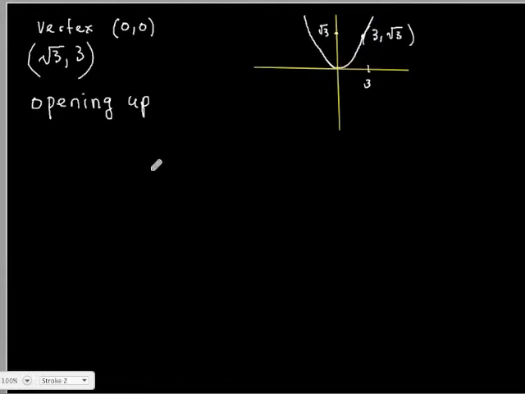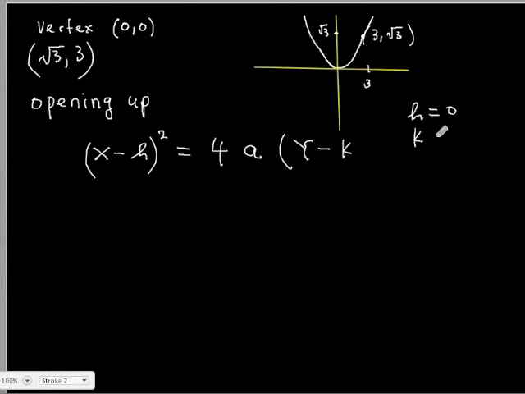So because it's opening up, we already know the equation. It will be (x minus h) squared is equal to 4 times a, and you don't know a this time, times (y minus k). So h again is 0, k is 0.